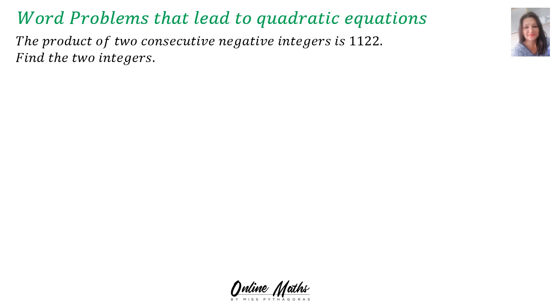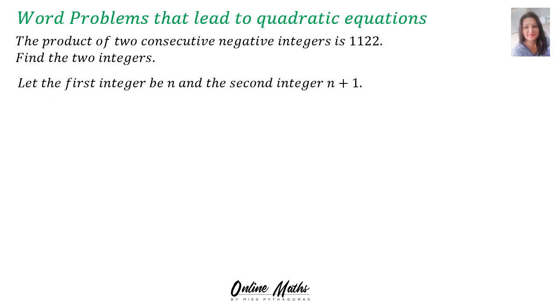Word problems that lead to quadratic equations. The product of two consecutive negative integers is 1122. Find the two integers. Let the first integer be n, and then the second integer has to be the consecutive integer.